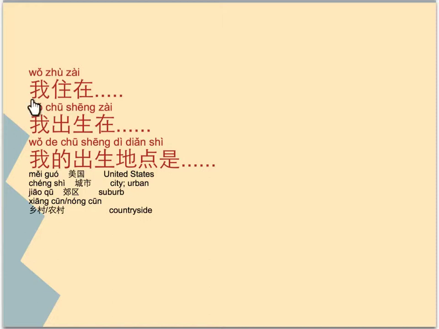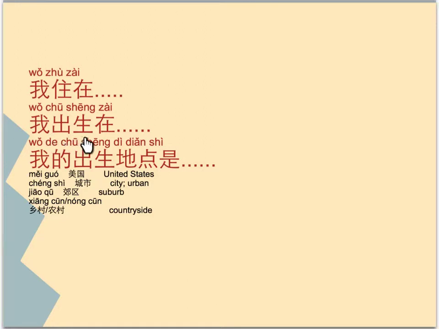So I will say 我住在 Hawaii. You can also say 我住在美国. 我住在中国.